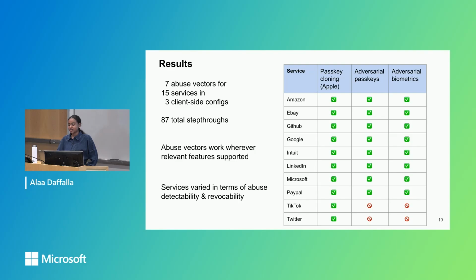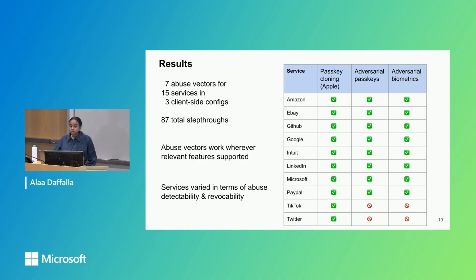This resulted in a wealth of data about passkey deployments as it intersects with these abuse vectors. And as we see, abuse vectors worked wherever relevant features are supported. And services varied in terms of abuse detectability and revocability. So this is just a snapshot of 10 services of the 15 services in our results.